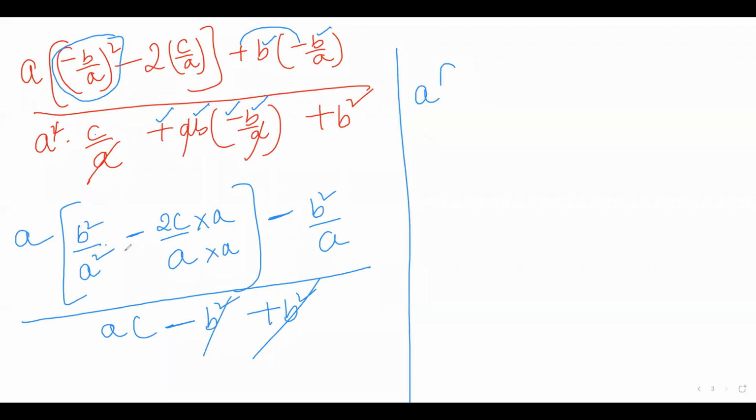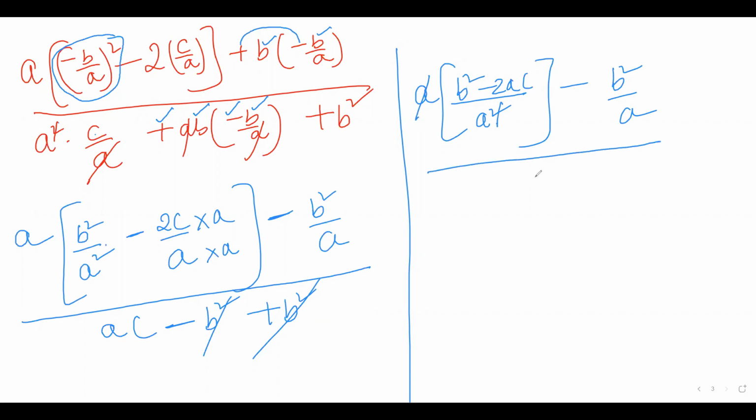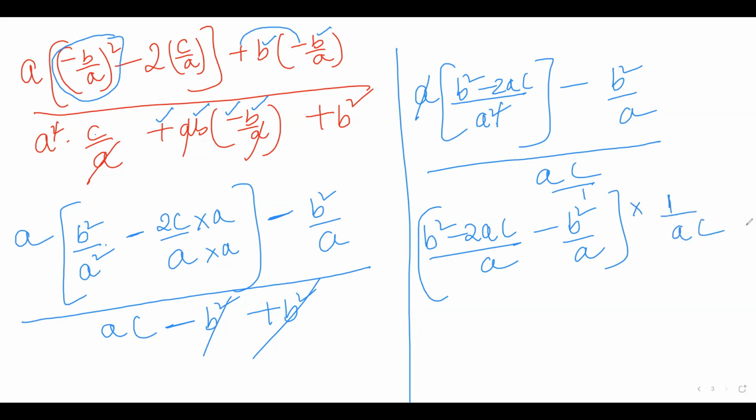A is outside. A square is the LCM. B square minus 2AC in the numerator, minus B square by A. One A will get cancelled. In the denominator, I am just having AC. So finally, B square minus 2AC by A minus B square by A, divided by AC. This AC by 1 will become 1 by AC, reciprocal.